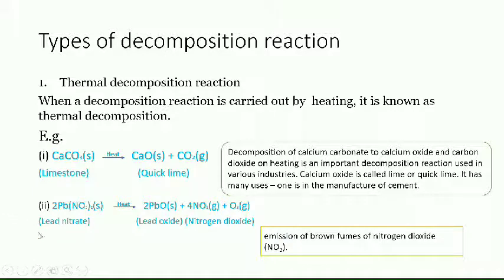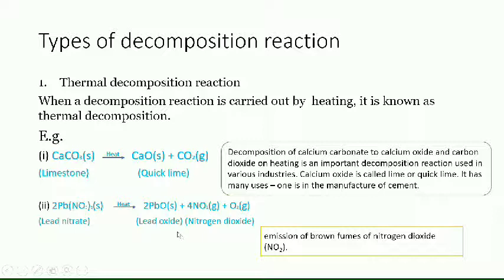The next example is lead nitrate. The chemical formula of lead nitrate is Pb(NO3)2. You should know this chemical formula with the name, and it is very important for solving many chemical reactions. Whenever lead nitrate is heated, it converts into lead oxide, that is PbO, nitrogen dioxide, that is NO2, and O2.